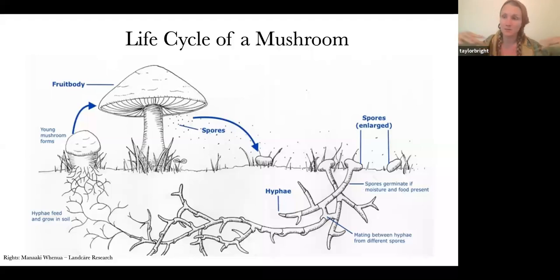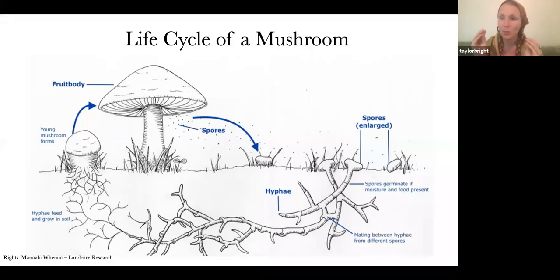So all these spores fly through the air, and they will eventually end up on a surface, whether it's wood or soil or a plant, or anything in the environment. And if that surface has enough nutrients and water and sunlight and all those right conditions, the spore will germinate just like a seed does.